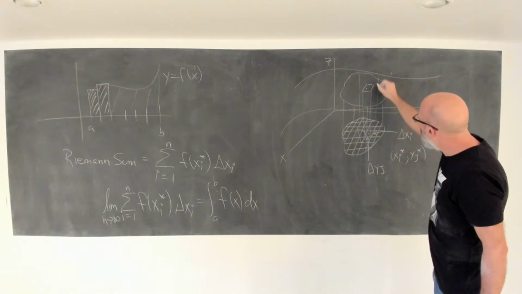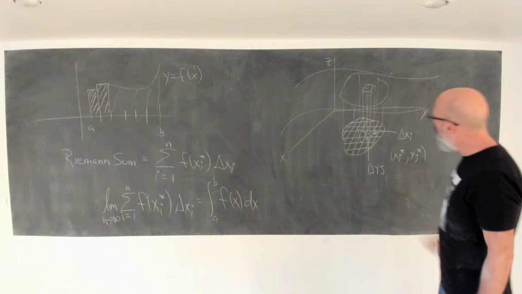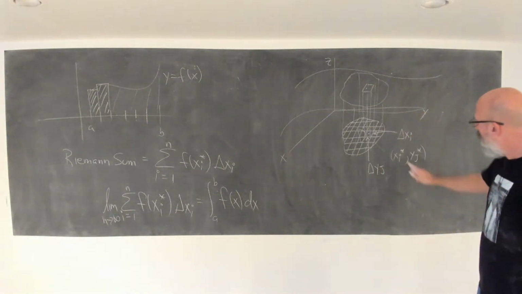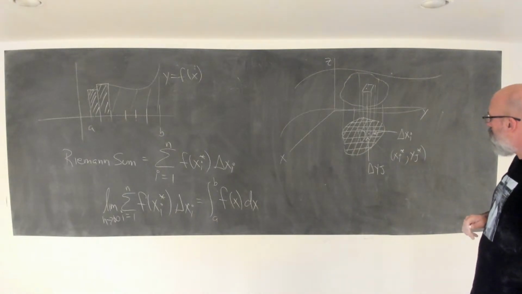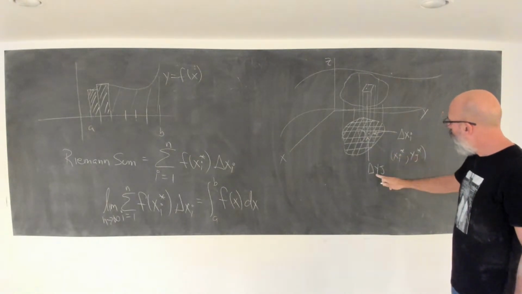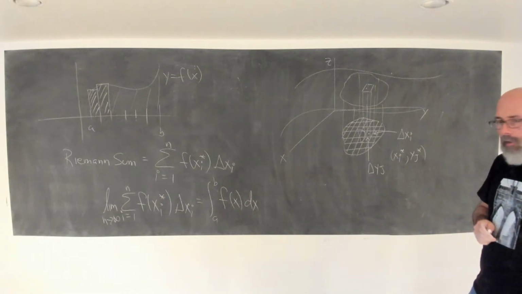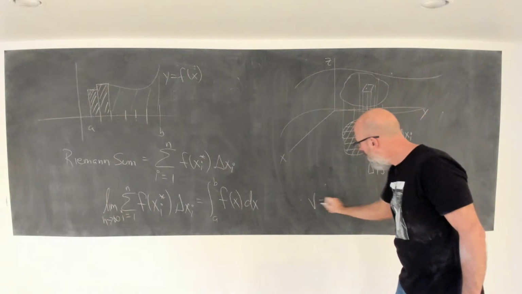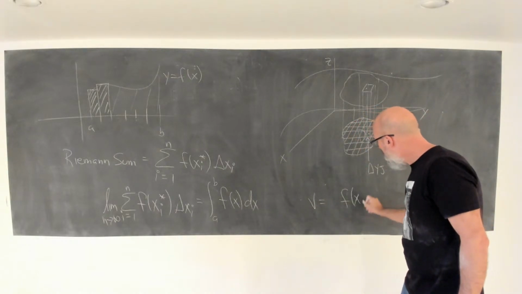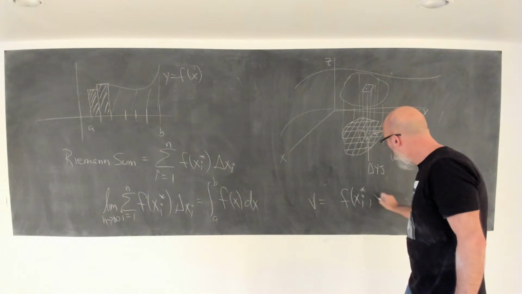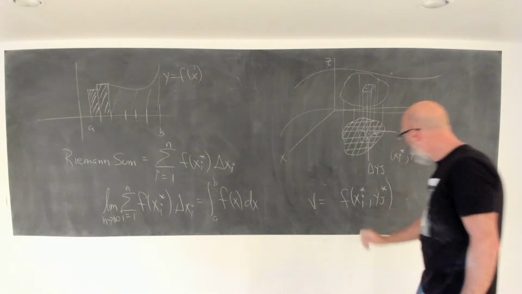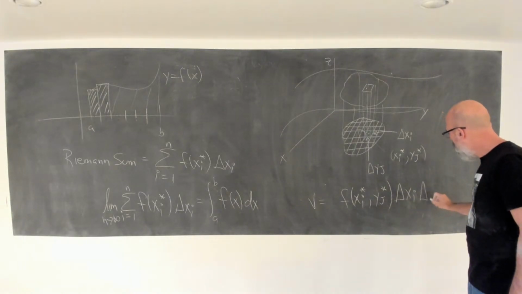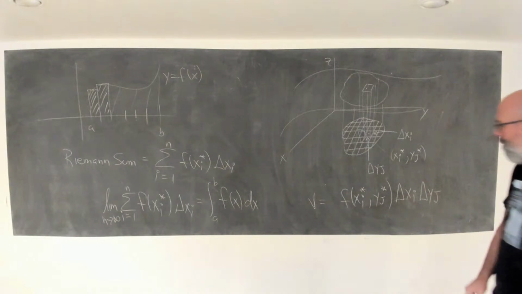and consider the box of height f of xi star yj star, length and width, these, right? So the volume of this box is f of xi star yj star delta xi delta yj.